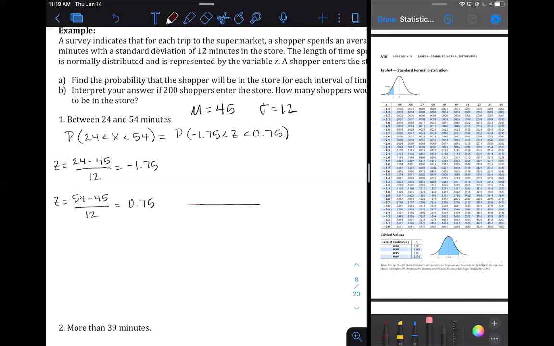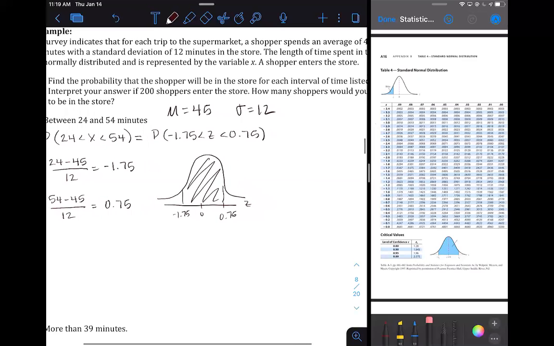So if you sketch that, we're looking at everything in this shaded region. And when we're finding the area between, what do we have to do? Anybody remember? Big minus small.